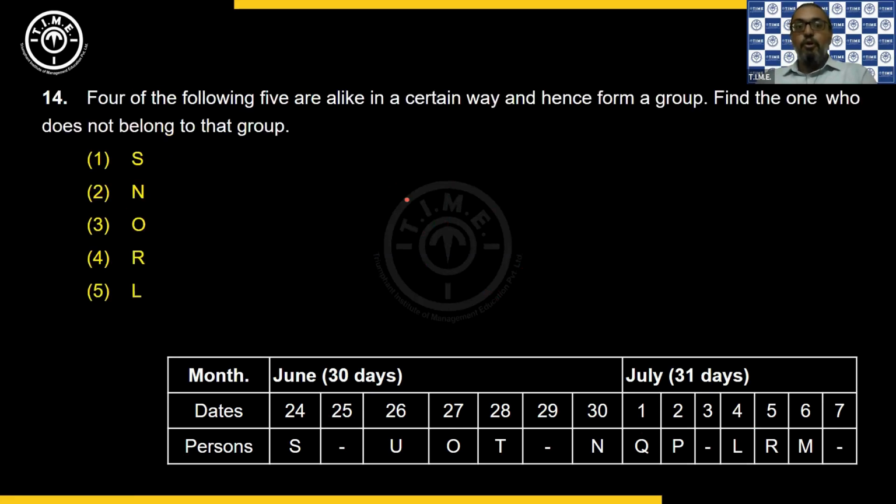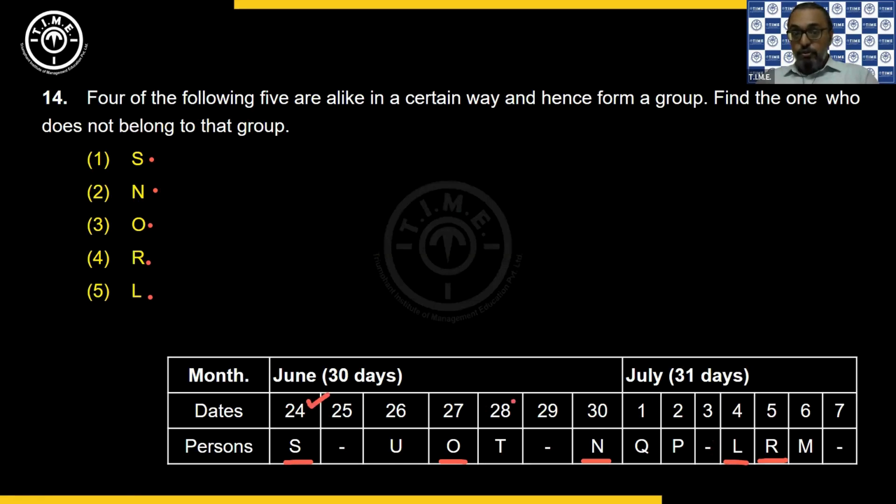Then, 4 of the following 5 are alike in a certain way and hence form a group. Find the one that doesn't belong to that group. We have S, N, O, R, L. It is not about the month also because there are 3 people in June, 2 people in July. Then look at the dates.